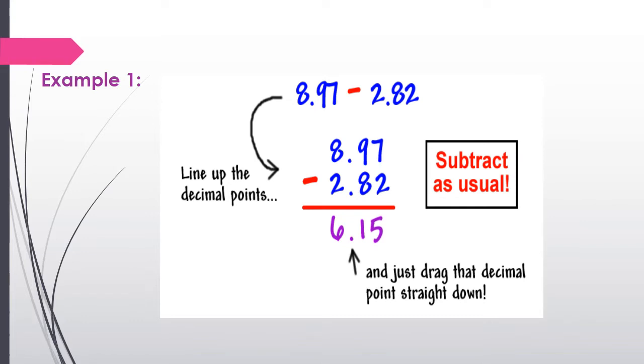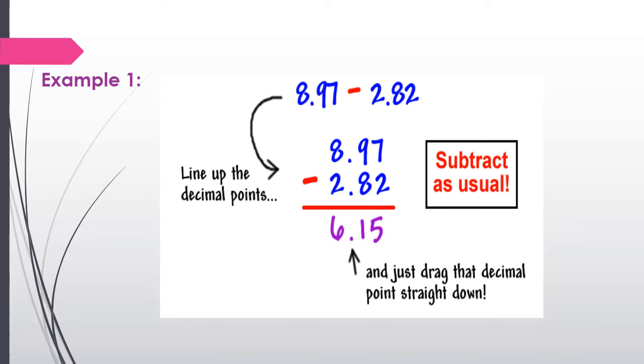Example 1. 8.97 minus 2.82. We line up the numbers: 8.97, making sure the decimal point is below the decimal point, then 2.82.